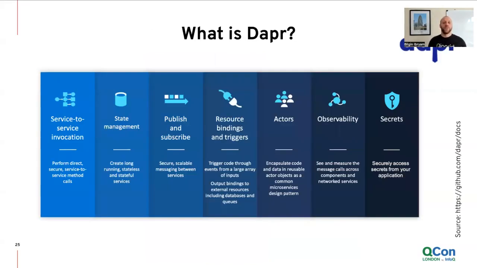So Dapr was founded by Microsoft and donated to CNCF in 2021. In essence, Dapr is a set of distributed primitives exposed as APIs and deployed as a sidecar. These capabilities in Dapr are called building blocks, and they are nothing more than an API with multiple implementations.